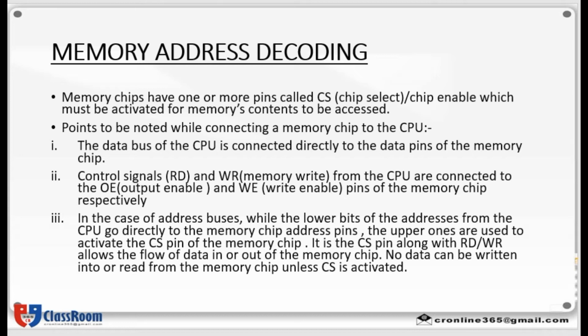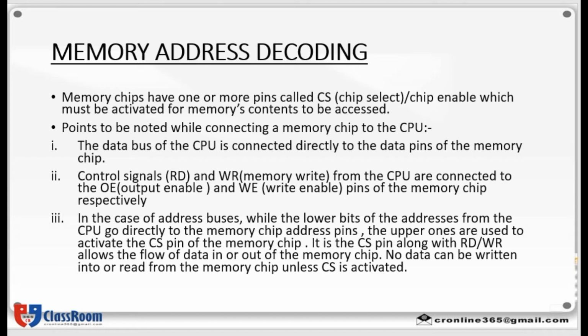Then you have two control signals, read signal and write signal. This read and write from the CPU are connected to output enable and write enable. As the name specifies itself, read is connected to output enable and WR is connected to write enable pins of the memory chip.